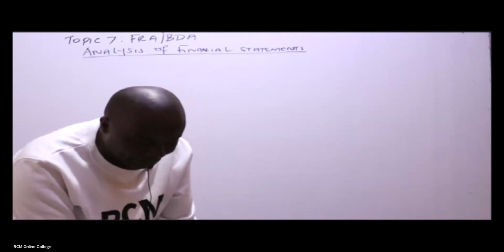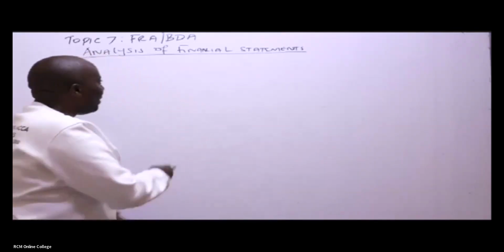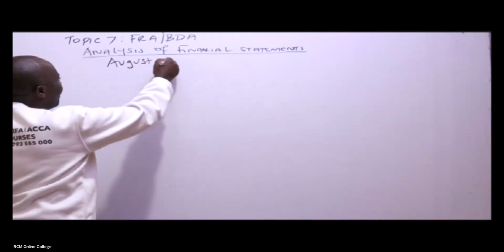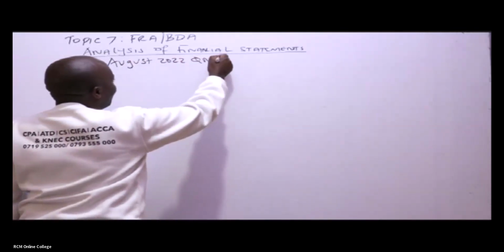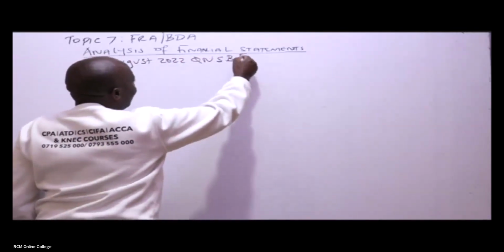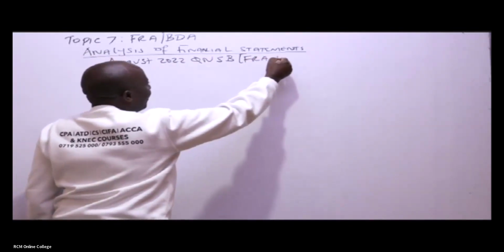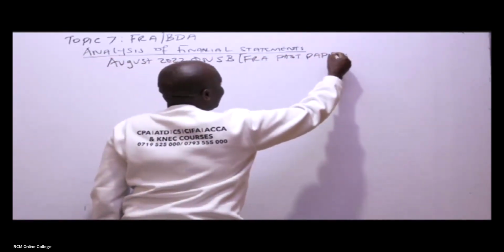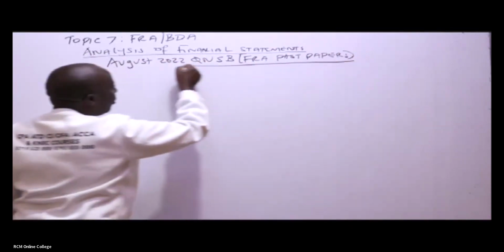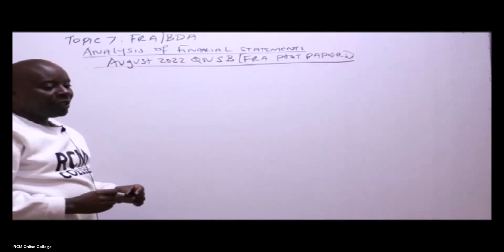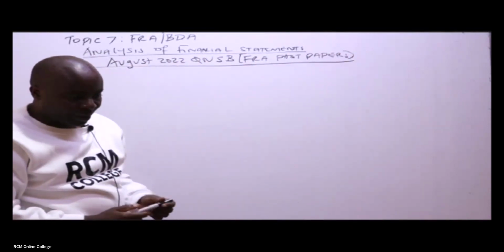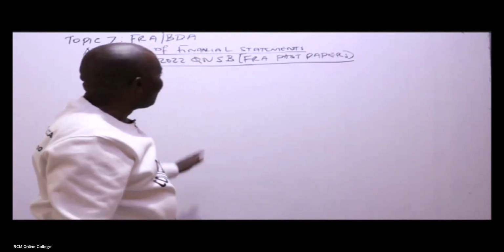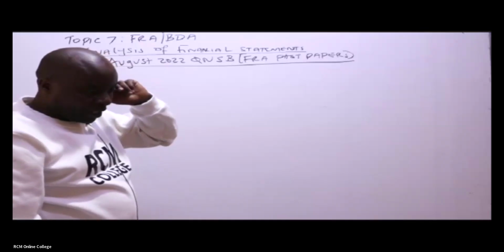It is August 2022, question number 5B, from the FRA past papers. So as I do my introductions, by the time I'm reading this question, all the students should have access to this question. August 2022, question number 5B, FRA.